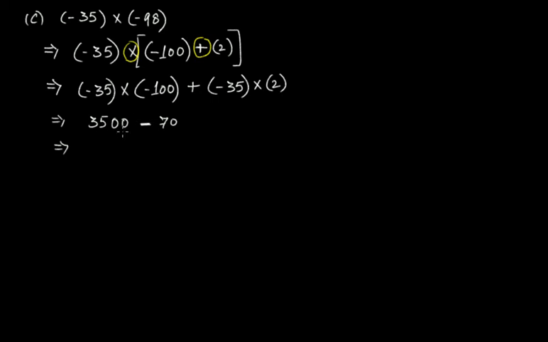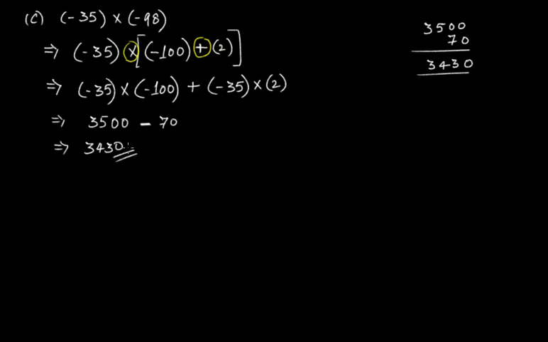And this will be how much? If you subtract 70 from 3500, this will give you 3430, right? So you'll get 3430 as the answer.